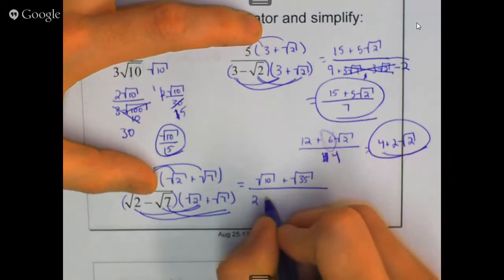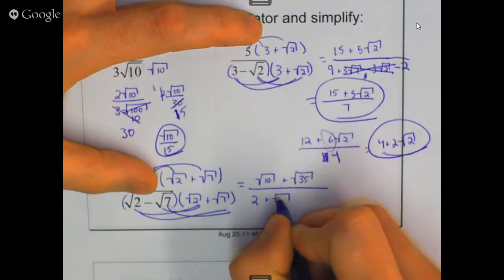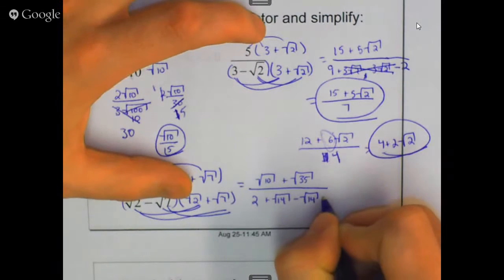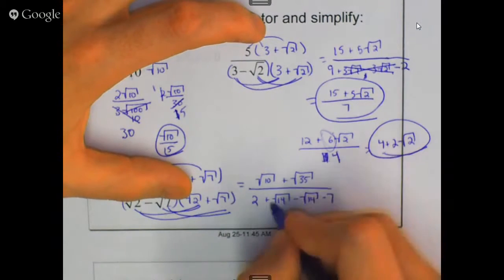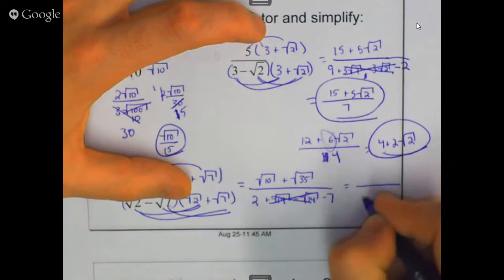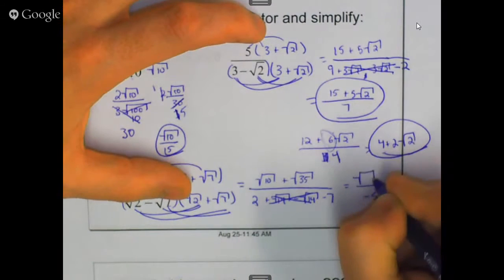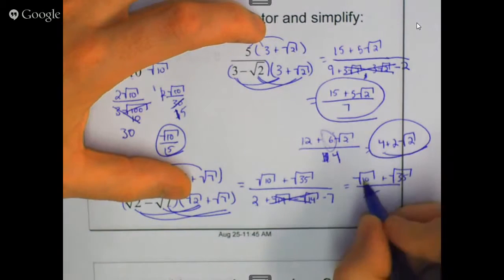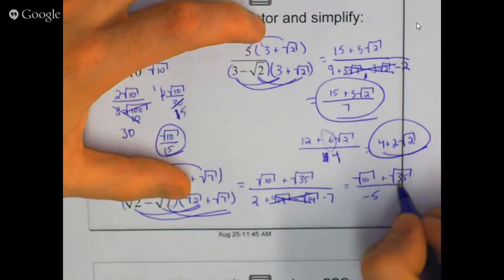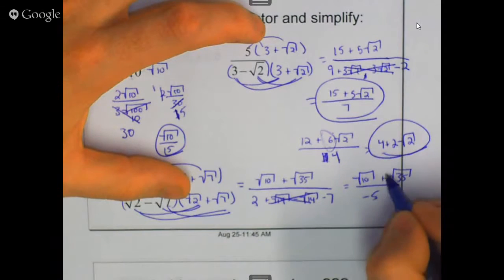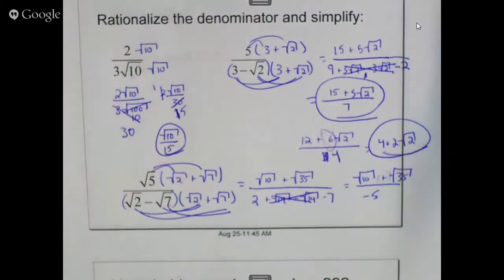And I have plus the square root of 14 minus the square root of 14 minus 7. Those cancel. You get 2 minus 7 is minus 5. Radical 10 plus radical 35. And I can't break these down anymore. But I also can't cancel the 5s because these are under the radicals. This addition sign prevents me from doing that.